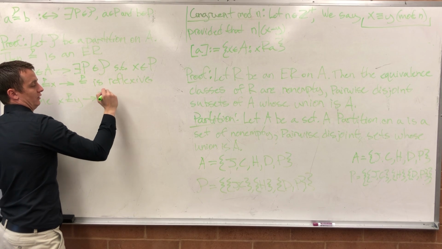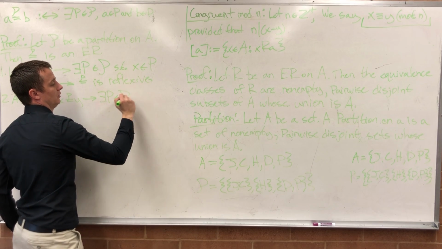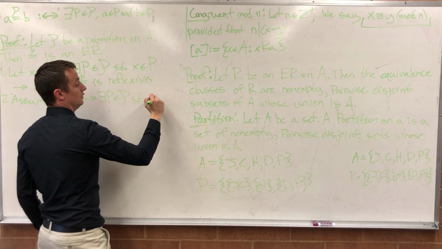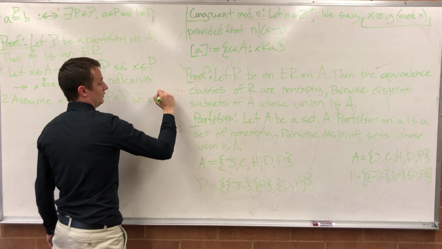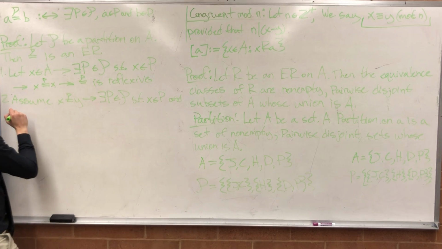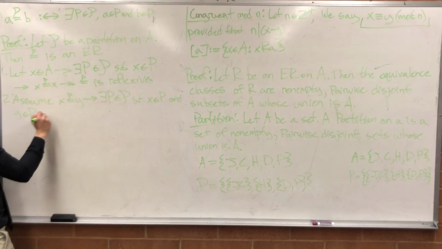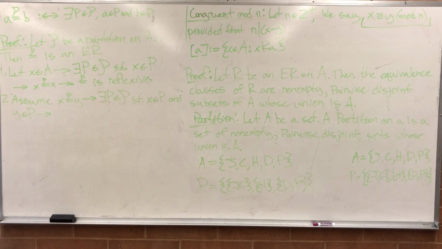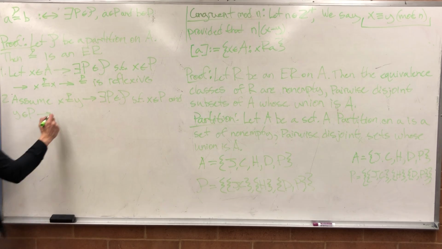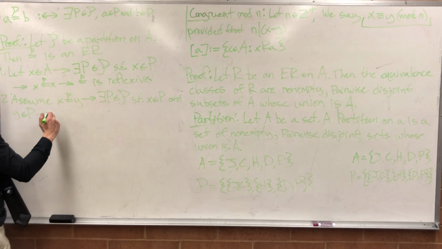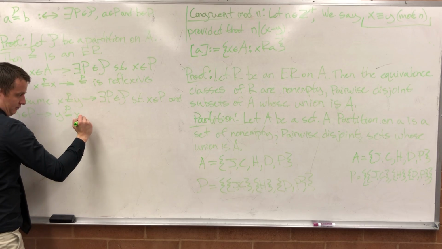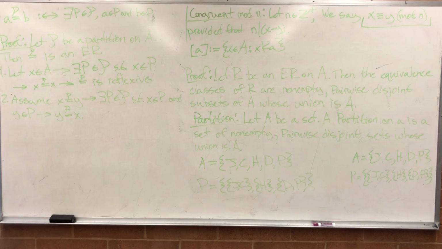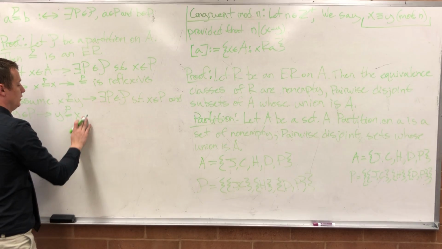That means that there exists some part P in our partition such that x is in P and y is in P, which gives us what? Well, if you want to put the order there first, you can, but I'm fine with you just saying that gives us that y is in the same part as x. They're both in the same set.